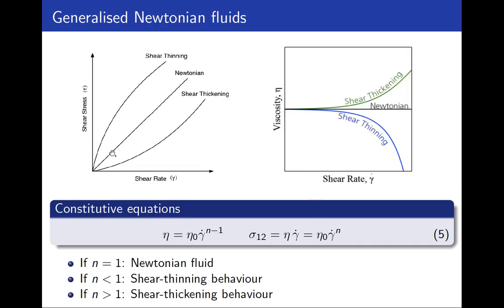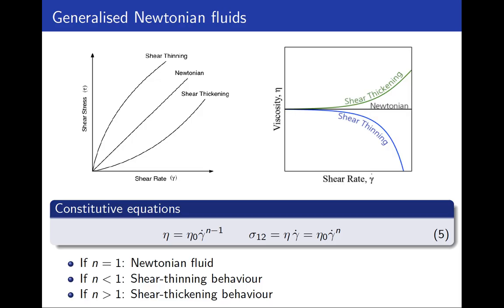For simple materials such as water, we will observe a linear behavior of the shear stress versus shear rate, and this behavior is known as Newton's law of viscosity. Very simple fluids such as water will exhibit this linear behavior, and the slope of this curve is known as the viscosity. The higher the slope, the higher the value of viscosity.